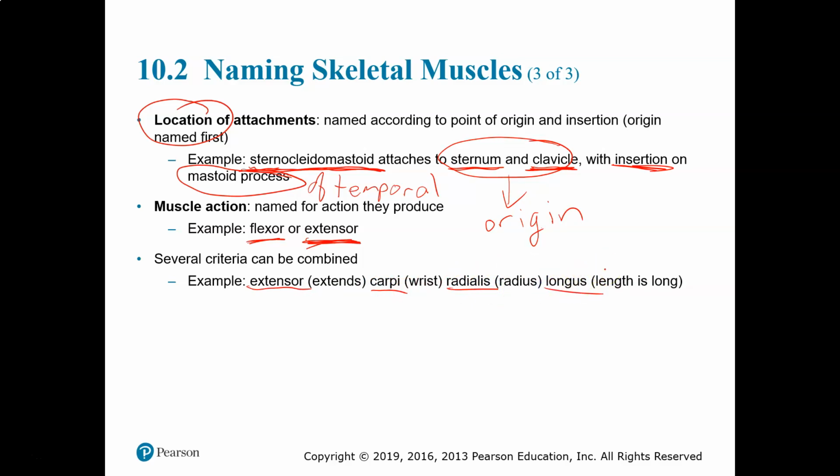That is the name. The 4 terms that I underlined is the whole name. Extensor means that it extends. Carpi means the wrist. So what you're talking about is basically holding your wrist straight. And then radialis would be on the thumb side, and longus just means that the muscle is long.